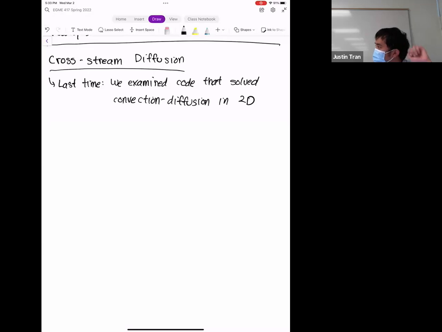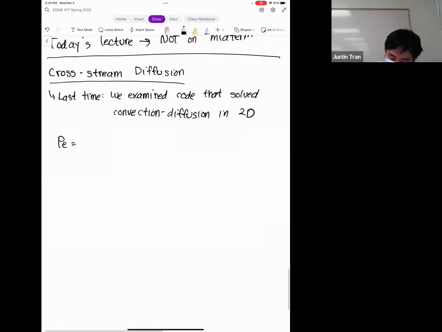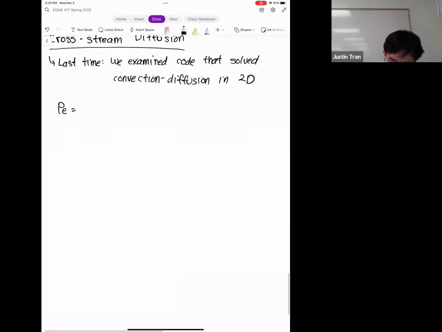What we know from our 1D convection diffusion is that the Peclet number is the velocity multiplied by the grid spacing divided by the diffusion coefficient.